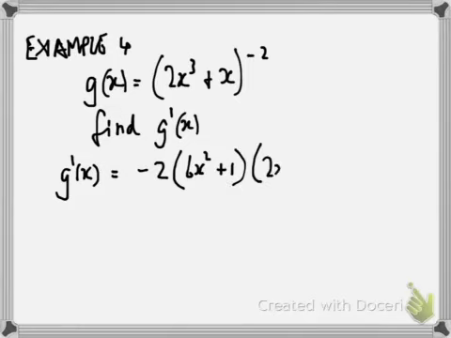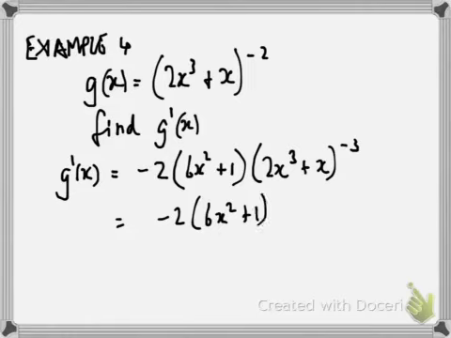Multiplied by the bracket, reduced in power by 1. So it goes from negative 2 to negative 3. Last step: negative 2 outside, (6x² + 1) over, and to make that negative index positive, we can make it (2x³ + x) to the power of 3.